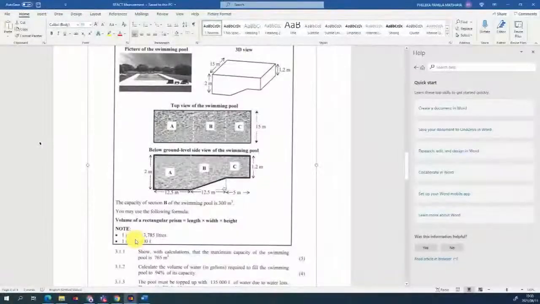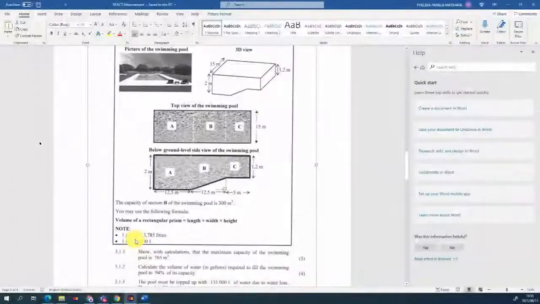If it's not in the question to round off to 1 decimal or to the nearest liter or gallon, then you round off to 1 or 2 decimals according to what was said in your instructions. Very important. Okay, so that was 3.1.2. There are of course other methods. I'm not going to do all the methods; you and your teacher can discuss the other methods.